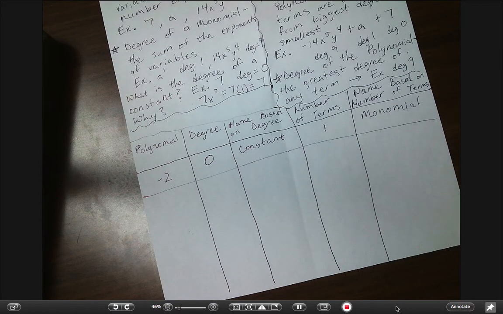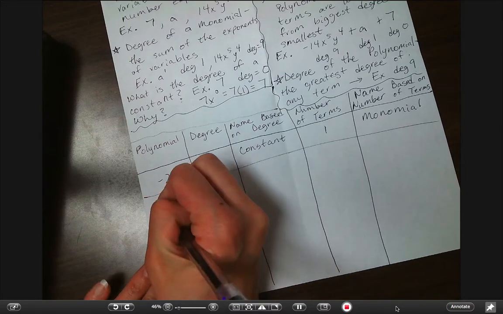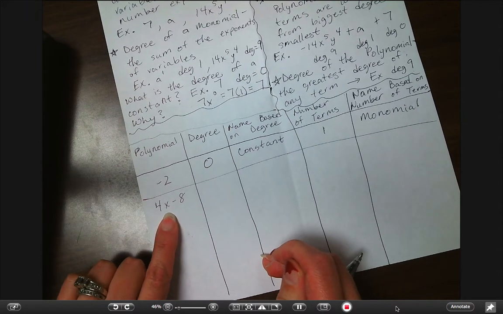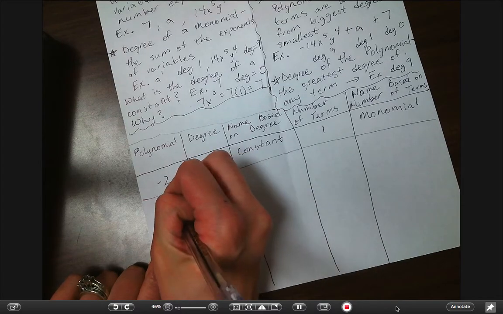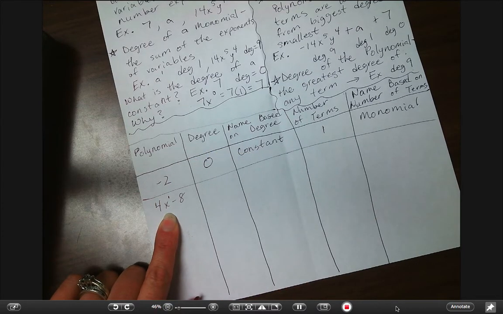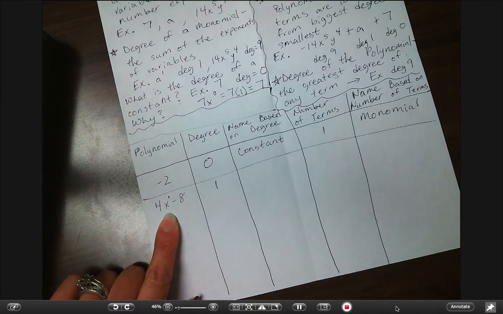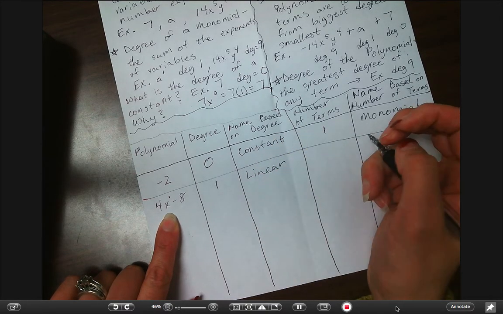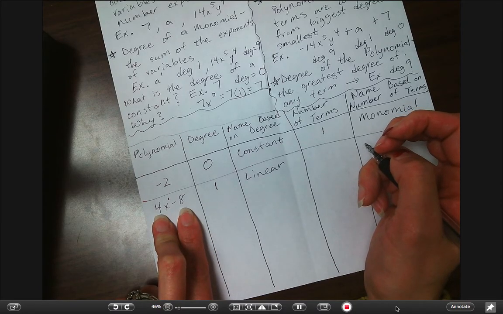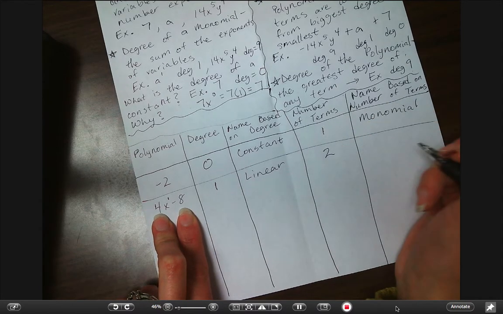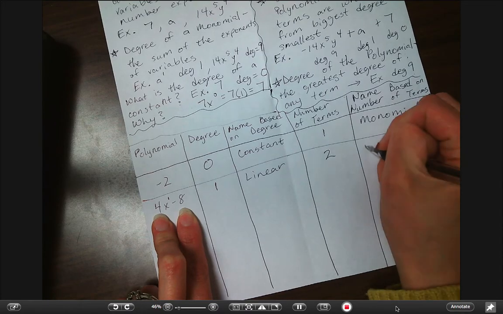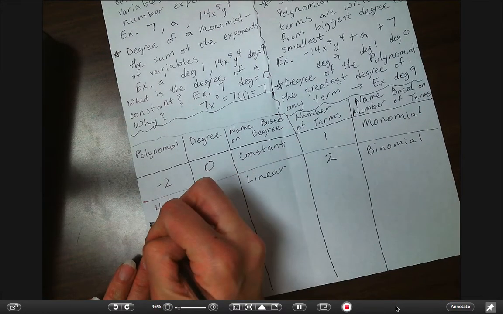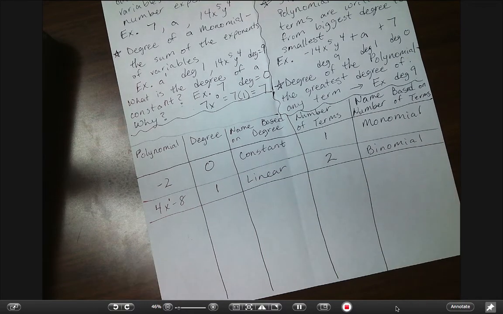So that's one example. Another example is something like 4x minus 8. This x has a power of 1, but we don't normally write it. That's our degree, 1. This is called linear. The minus sign separates two terms, and that's called a binomial. Maybe you know that prefix from English. Bi means 2.